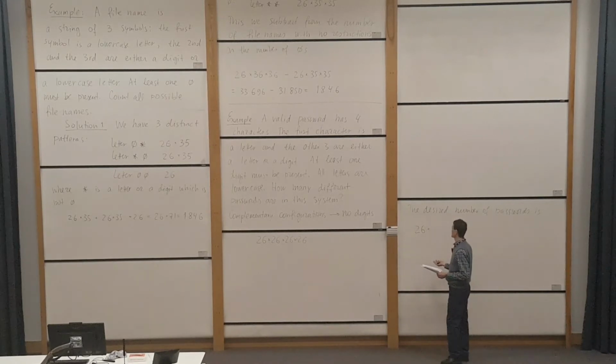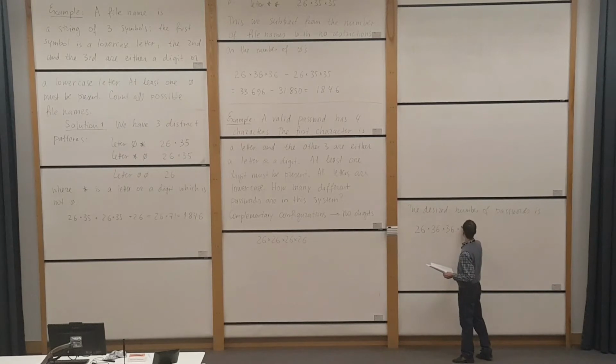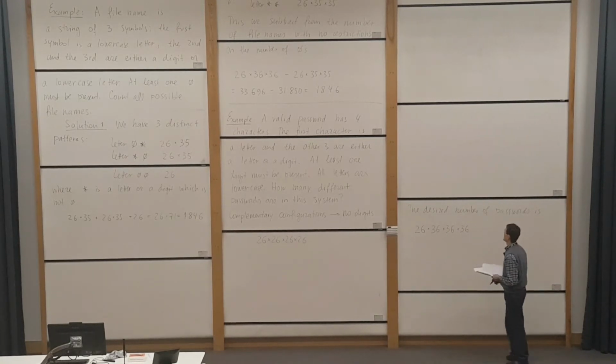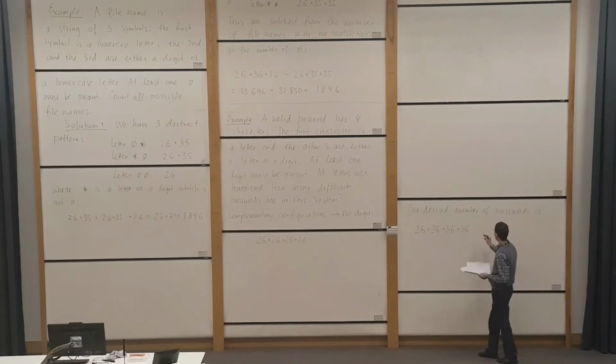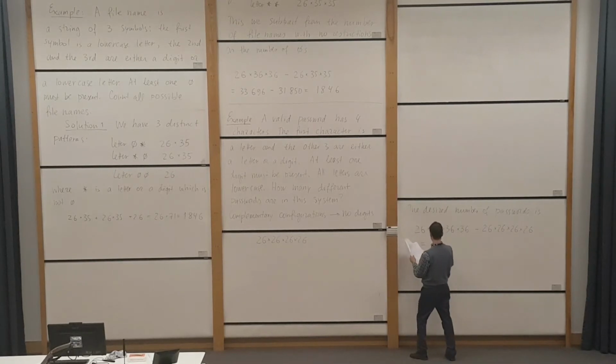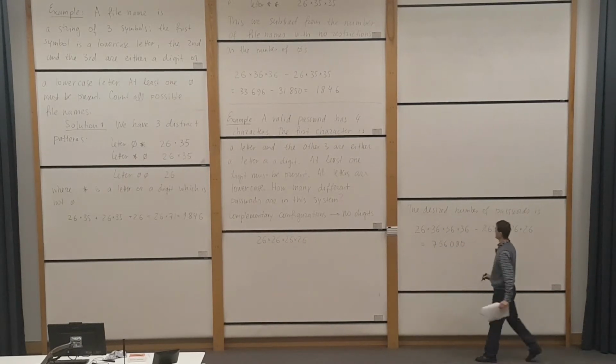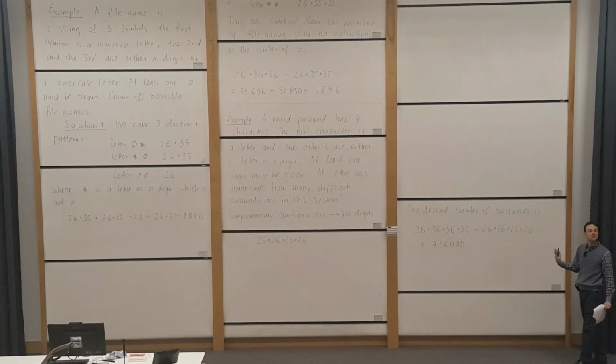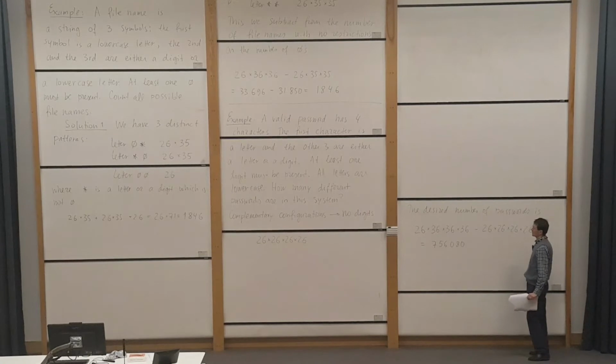The second is either a letter or one of the 10 digits, so I have 36 choices for the second one. Similarly, 36 for the third, and 36 for the fourth. And from this we subtract the complementary configurations, 26 times 26 times 26 times 26. And if you use a calculator, that gives you the answer of 756,080.